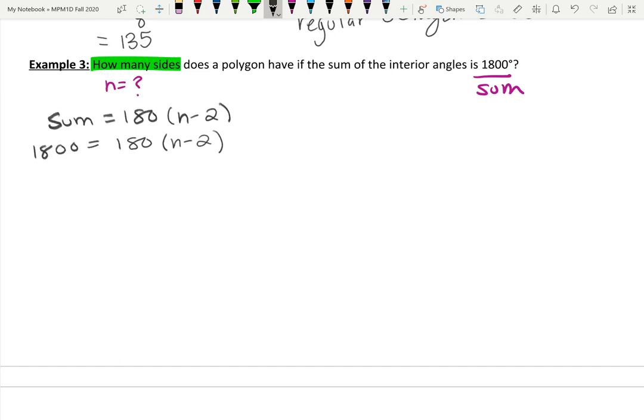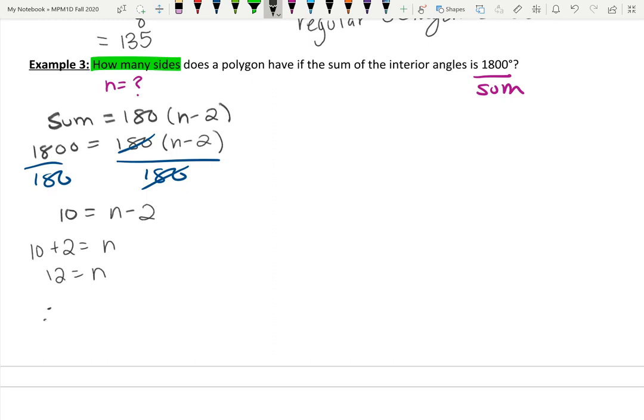So let's start isolating for n. I'm going to divide both sides by 180 in order to get rid of this 180. So now I'm just left with n minus 2 on my right side. Okay, and now I'm just going to bring my negative 2 to the left, and it becomes positive 2. So that means that a polygon with interior angles adding to 1,800 has 12 sides.